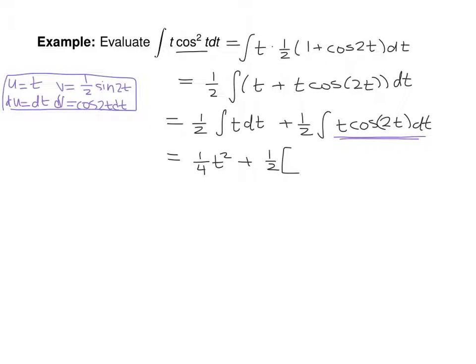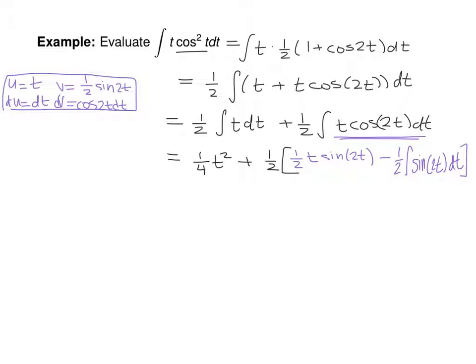So this becomes uv, so 1/2 t sine of 2t minus the integral of v du, so minus 1/2 integral of sine of 2t dt.